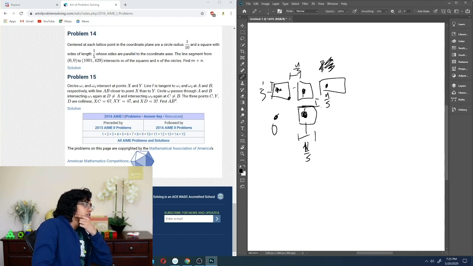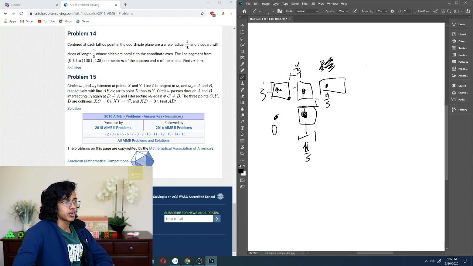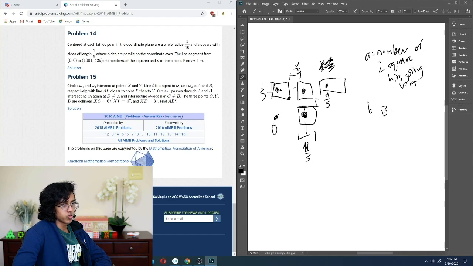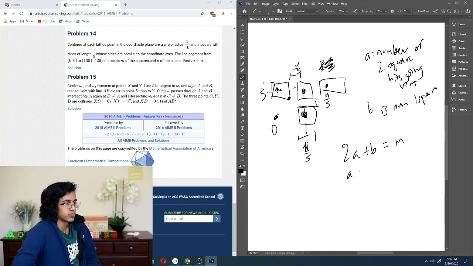So basically, let's say that A is the number of 2 square hits going vertically, and B is the number of 1 square hits. Then we have that 2A plus B is equal to M, right? And then A plus B is equal to the number of lines that we have to hit. So we go from 0 to 429 vertically, right? So that means that there's 430 squares. Okay, and then similarly going horizontally, we could either hit 0 or 1.